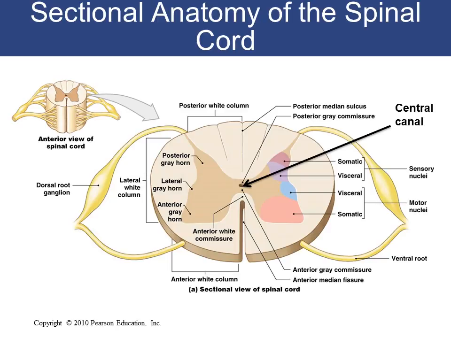The spinal cord also has two grooves: the anterior median fissure, which is found at the anterior part, and the posterior median sulcus. These two grooves divide the spinal cord into two halves, the right and left half.